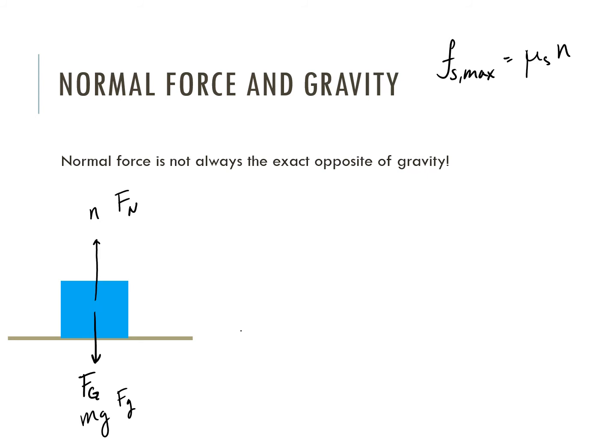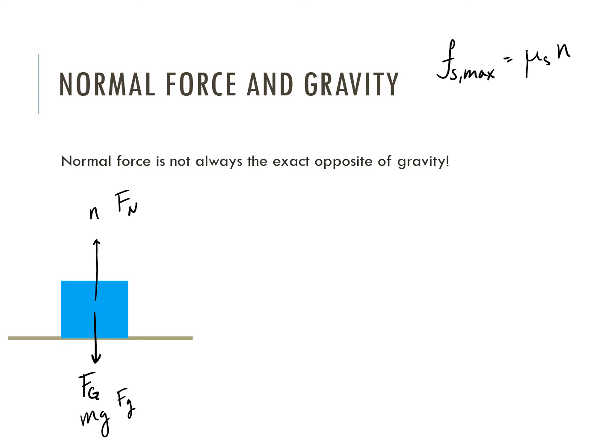So in this situation, the normal force is the exact opposite of the force due to gravity. Our object is resting on top of a surface. That surface is pointing upwards. Gravity is pointing downwards. They're exact opposites. So in this case, normal force equals the force due to gravity.